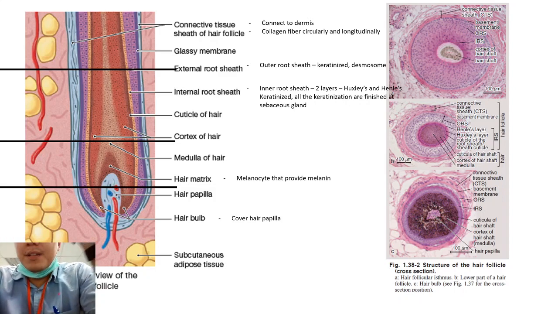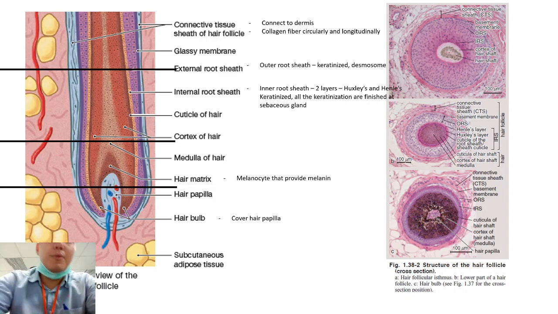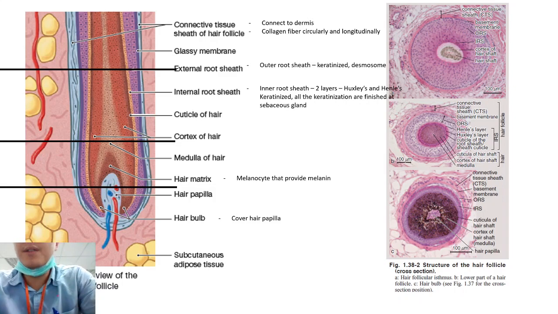When you move a little bit inside, there is the outer root sheath, which is keratinized, also with some desmosomes. If you recognize the epidermis, you will feel it is pretty much the same as the outer root sheath. Moving a little further, you will find the inner root sheath, which is divided into two layers, Huxley and Henle.